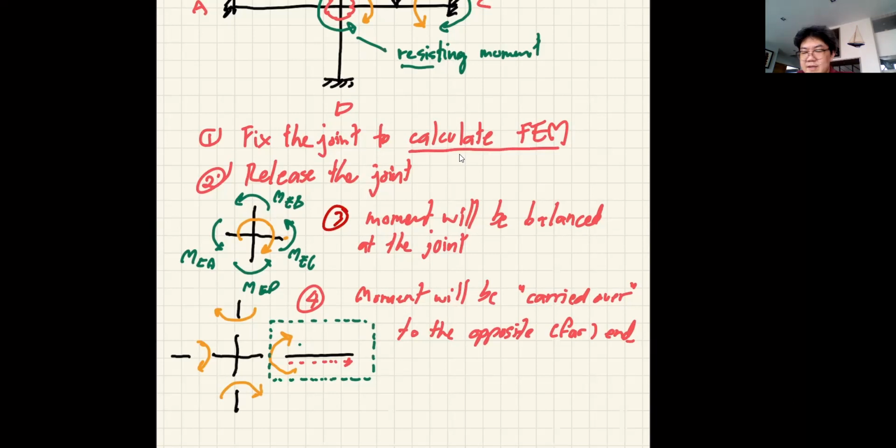And upon releasing it, you know that all the members at the joint will help balance this moment. So the first question is, how much will each member contribute in balancing this moment?